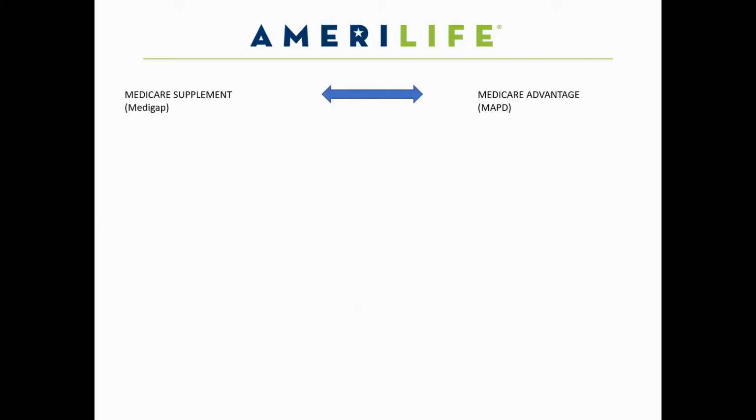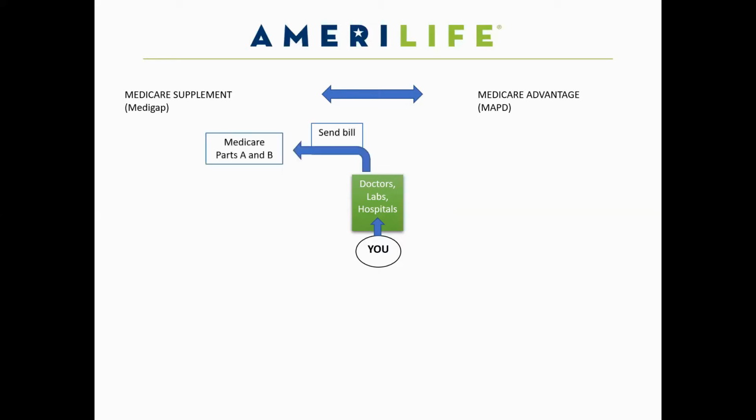When you have a Medigap policy or a Medicare Advantage option, you cannot have both at the same time. You can only choose one or the other. Let's say you go to the hospital, get lab work done, or go see the doctor. If you have a Medigap policy, the doctor, lab, or hospital is going to send the bill to Original Medicare, which are parts A and B. They're going to process the claim, and then they in turn are going to send their reimbursement back to those providers.